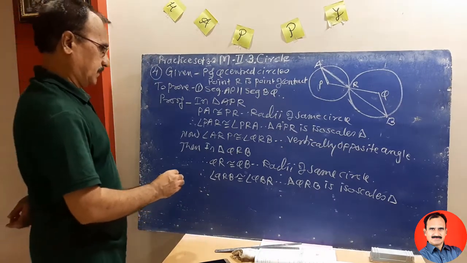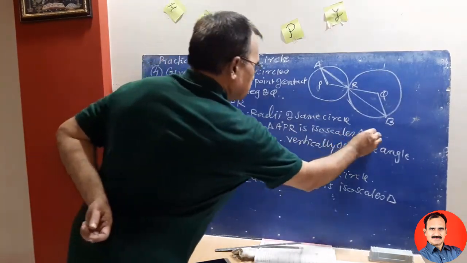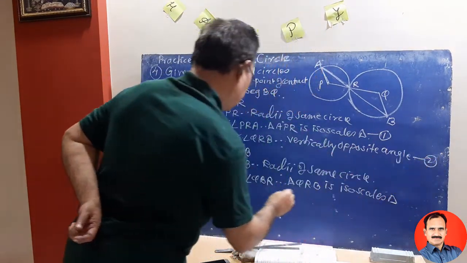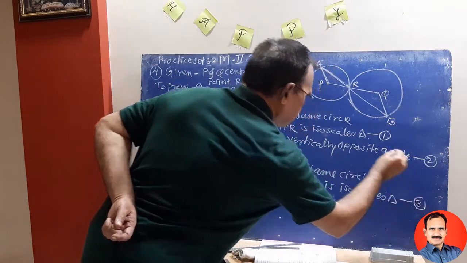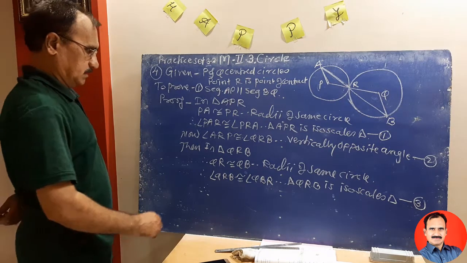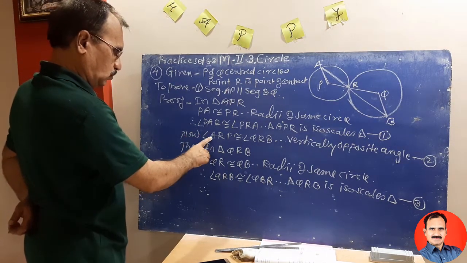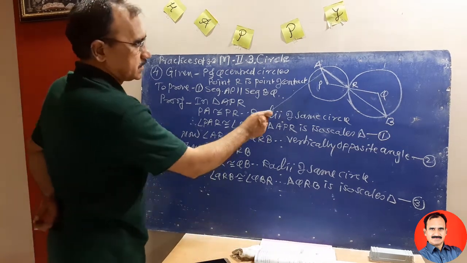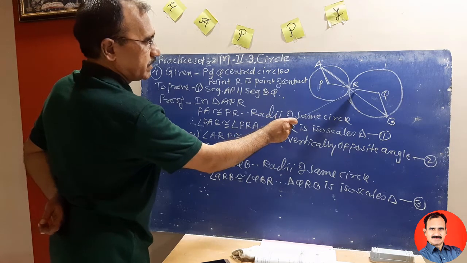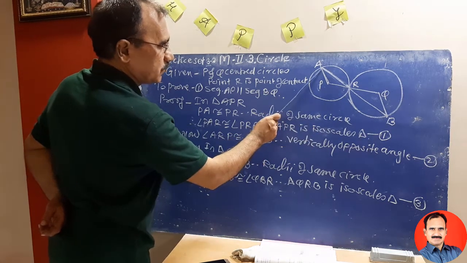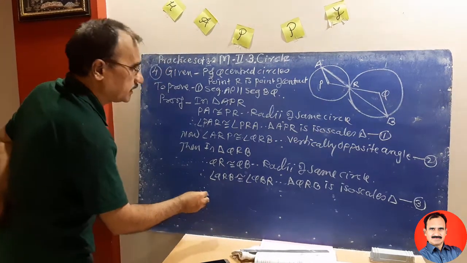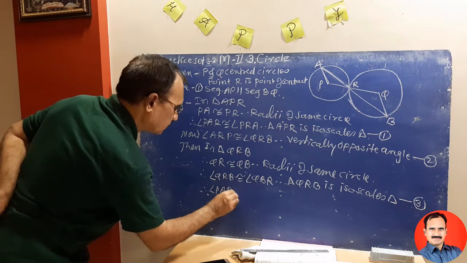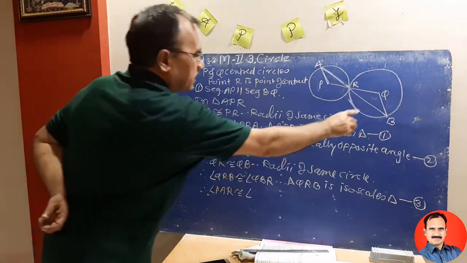Now see this one. Suppose this is the first one, this is the second one, and this is the third one. From 1, 2 and 3, these two angles are congruent, these two angles are congruent, these two angles are congruent, therefore first and last will be congruent, and therefore angle PAR is congruent to angle QBR.